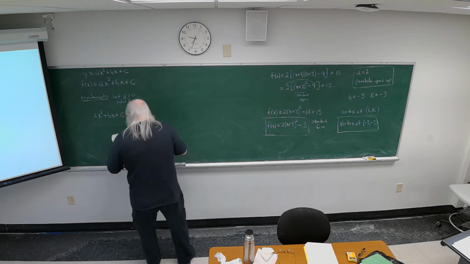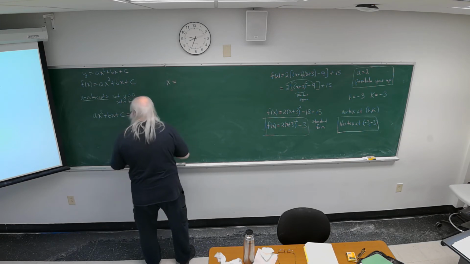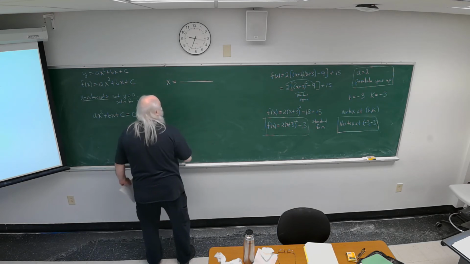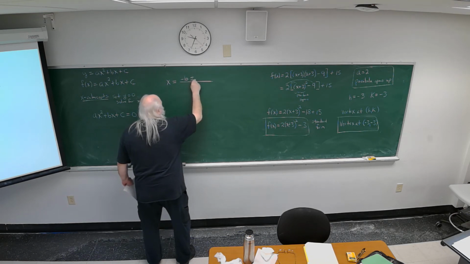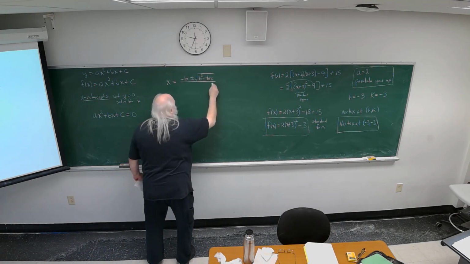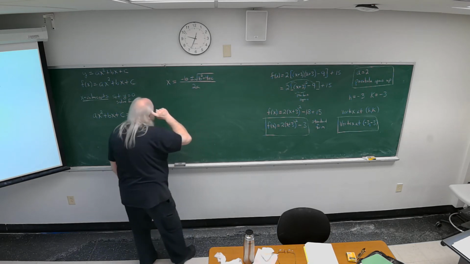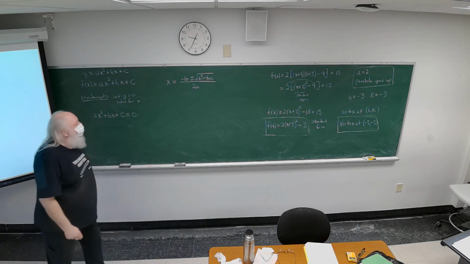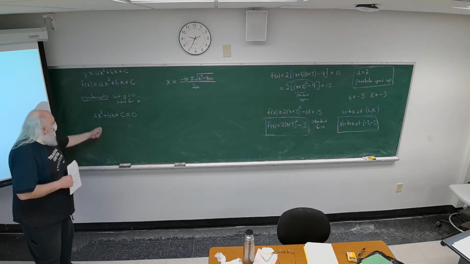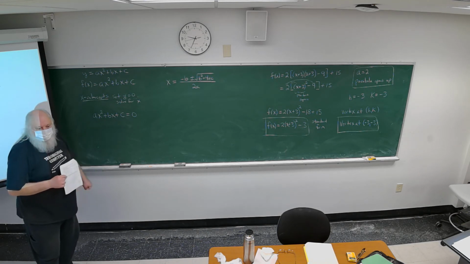So, at the top where it says quadratic formula, the values of x that make the left-hand side equal to 0 are from the formula x is equal to negative b plus or minus the square root of b squared minus 4 times a times c, all divided by 2a. You plug in for a, b, and c, and you get the values of x that make the left-hand side equal to 0.